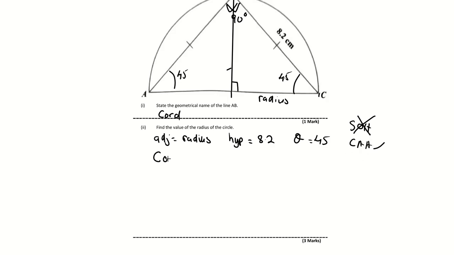Alright, so it'll be cos 45 is equal to adjacent, or my radius, over 8.2. Carry this across.